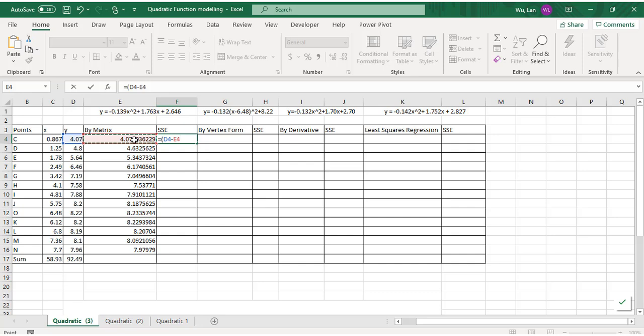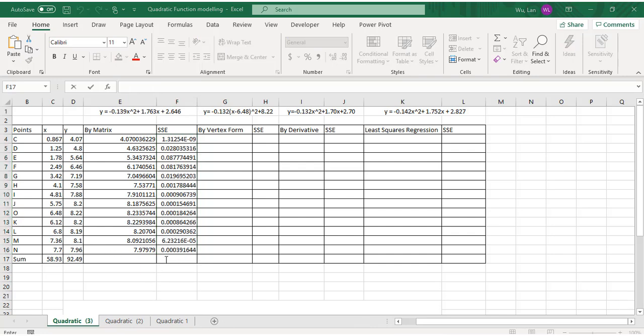This is the value from the function given by matrix. Then parentheses back, do the power, then enter. Still find this plus sign and drop down.